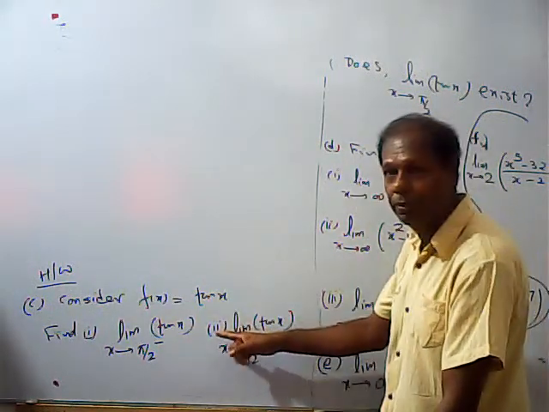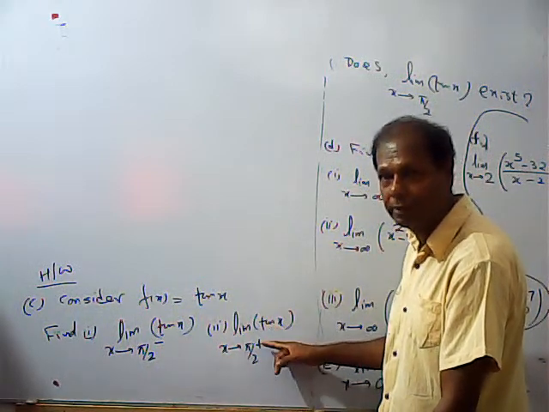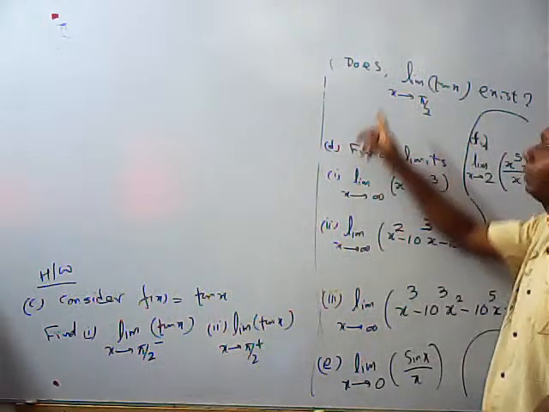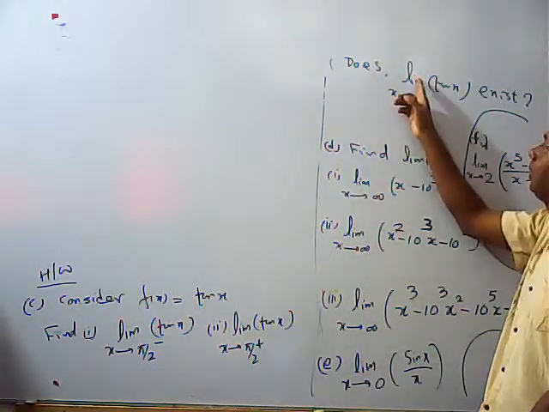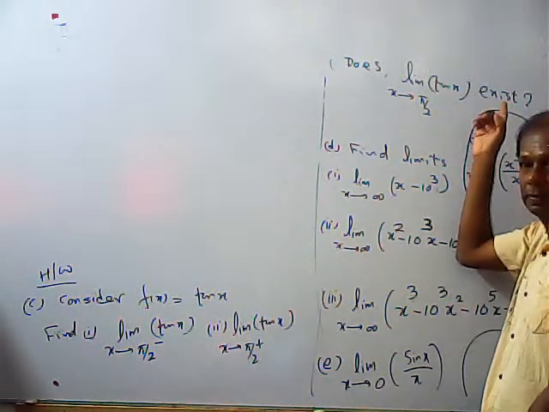Part 2: limit as x goes to pi by 2 from the positive side of tan x, the right limit. Then the question: does the limit as x goes to pi by 2 of tan x exist?